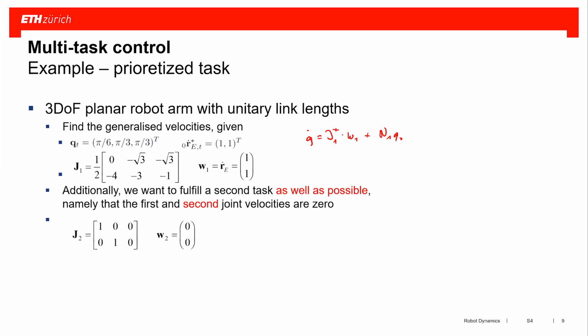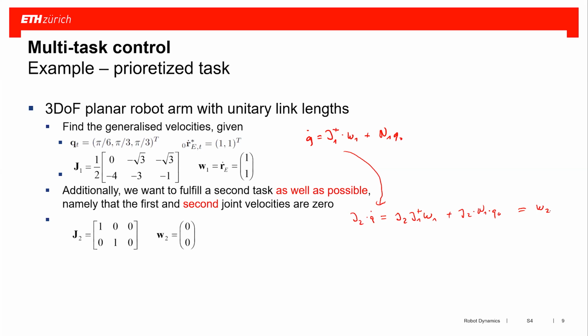Now we can have the second task, and for the second task, we want J2 times Q dot, which is, if I take this upper solution and put it in here, J2 times J1 plus W1 plus J2 times N1 times Q0, and this we would like to be W2.